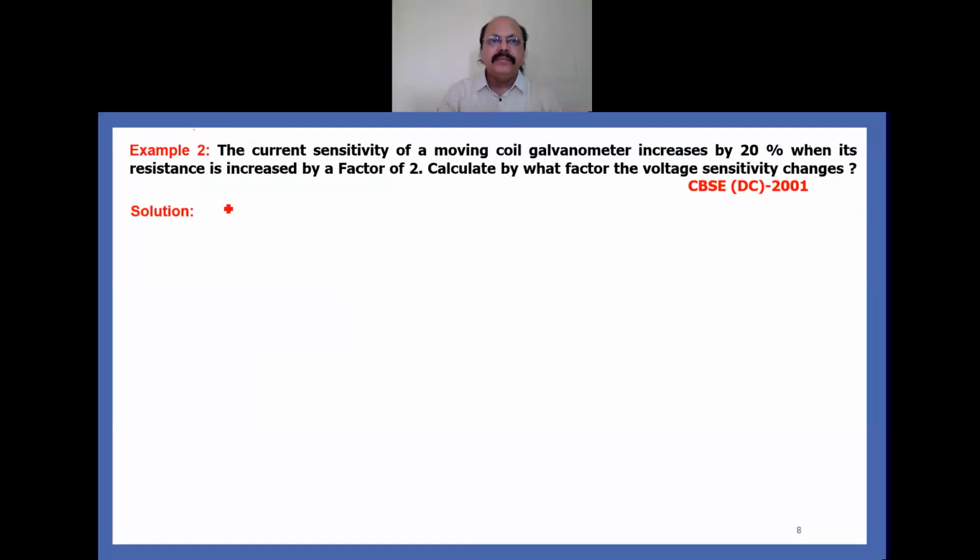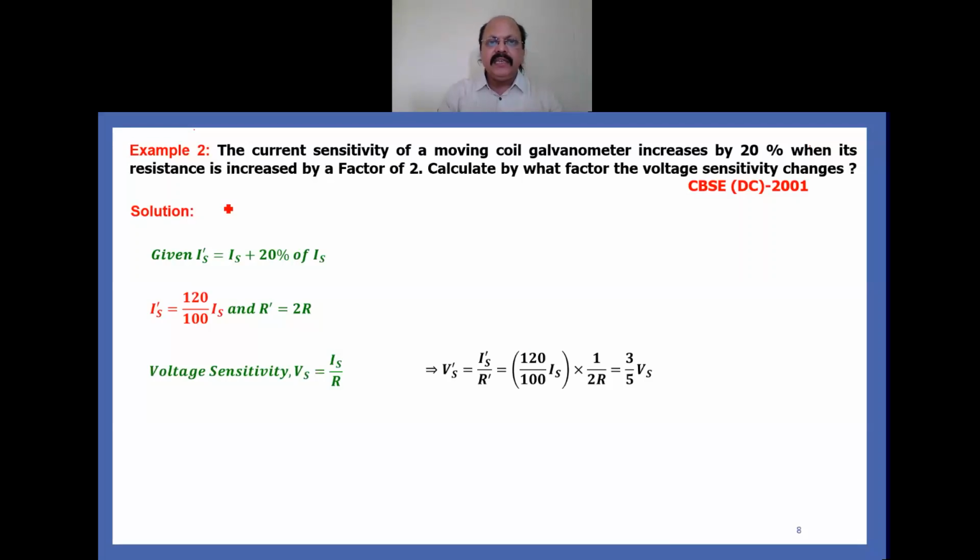So we take what is given, that is Is dash equals Is plus 20% of Is as per question. That becomes Is dash equals 120 upon 100 Is, and R dash equals 2R. Then voltage sensitivity is Vs equals Is upon R, and the new voltage sensitivity is Vs dash equals Is dash upon R dash.